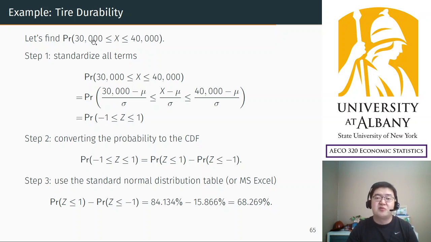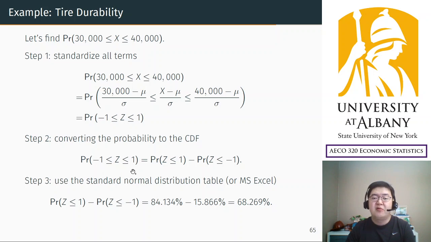We use the same numbers, and we have seen the standardizations before. So -1 and 1. We are looking for the probability between -1 and 1 for the standard normal distribution. However, again, this is not a cumulative probability, so we have to convert the probability in between 2 points into the difference of two cumulative probabilities.